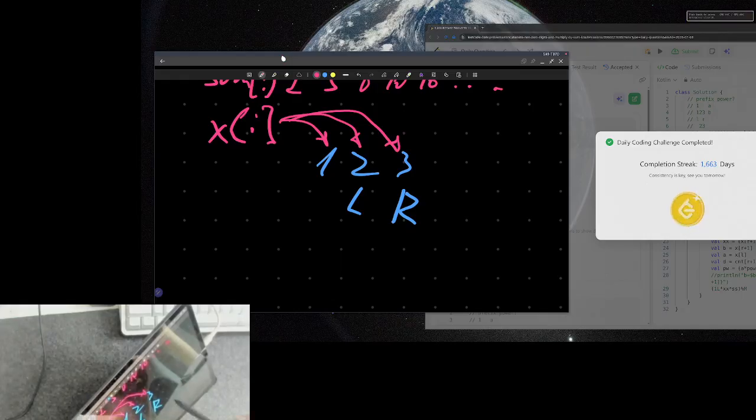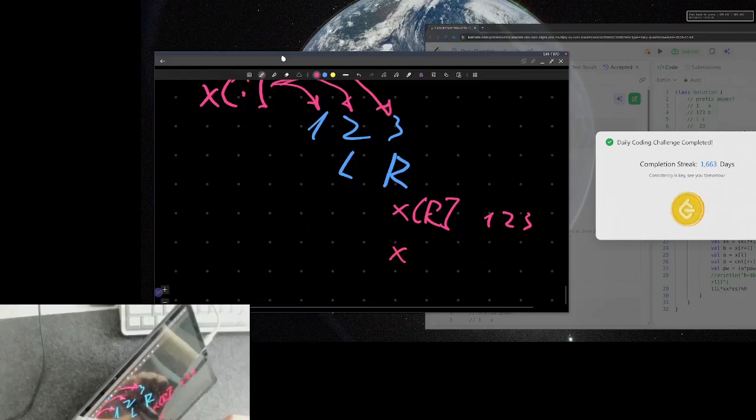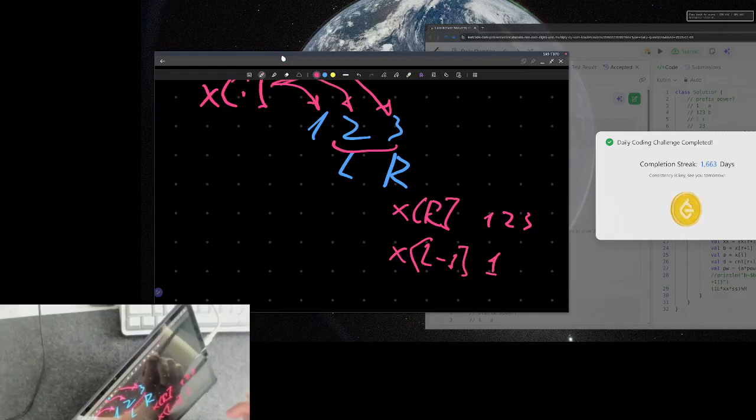So for x r it would be 1, 2, 3, and for x l, or l minus 1 because we're doing a substring, it is just 1. So we cannot do a simple minus operation because this has to be shifted by the power of the difference.